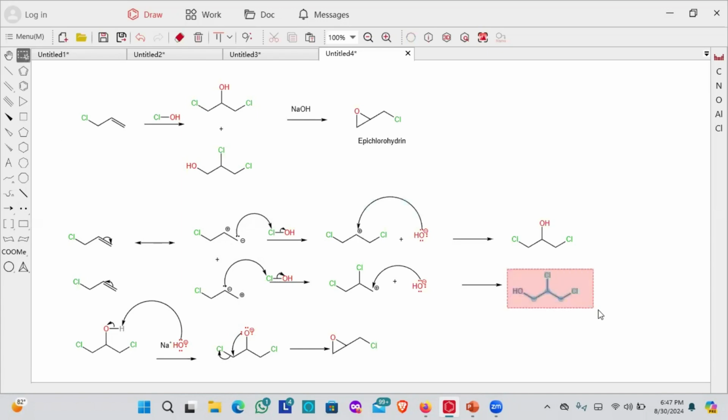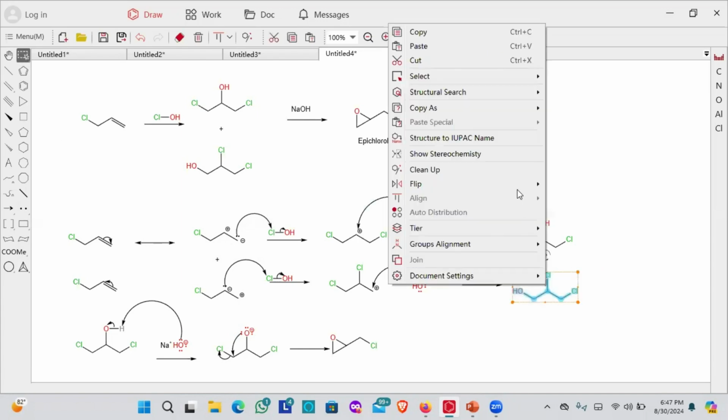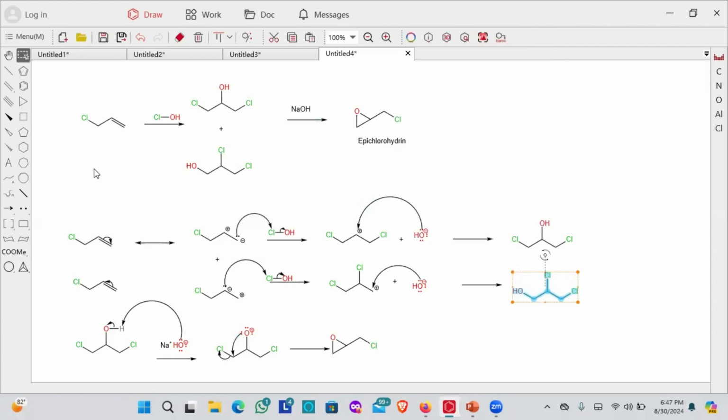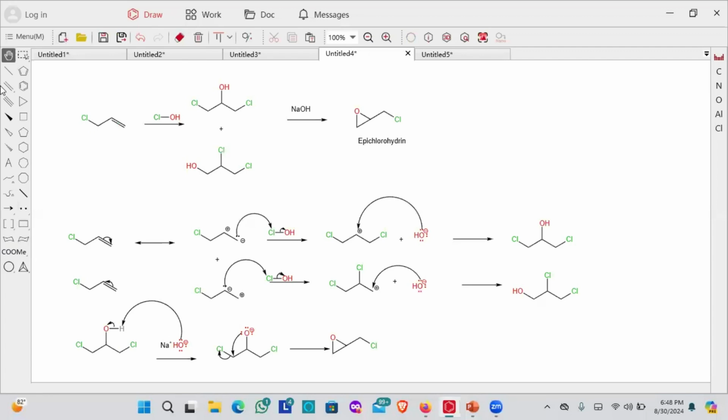Let's take a copy of this, 1,2-dichloropropanol, and show what we're going to end up with. Let's move it that way so we can show how the mechanism is going to work. Let's take a copy of NaOH here.